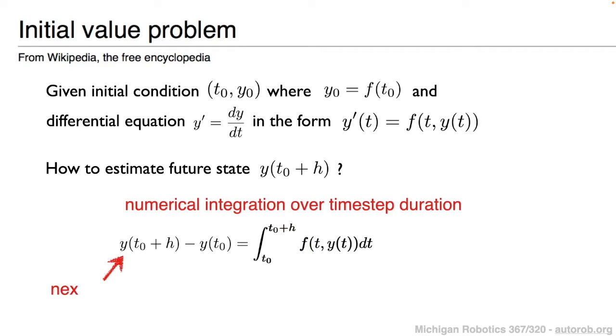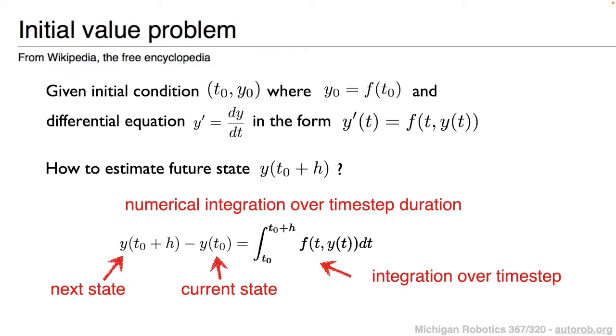Numerical integration over time is the approach that ultimately we can take, where we know that the difference between the next state at some step in time minus the current state is going to be equivalent to the continuous integral over time of the system dynamics.